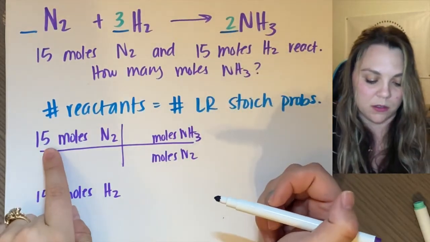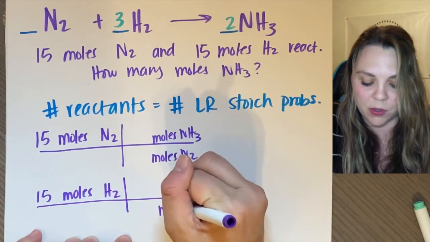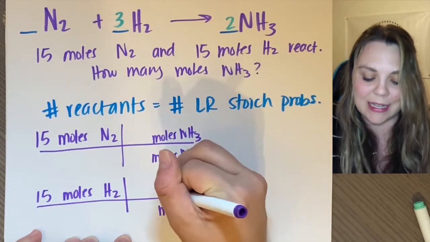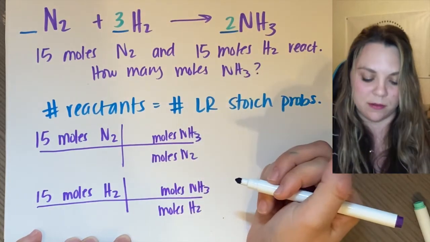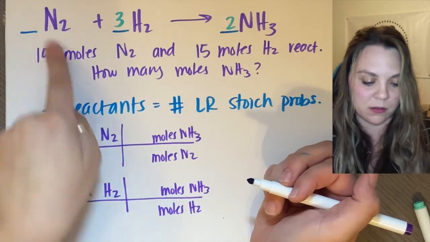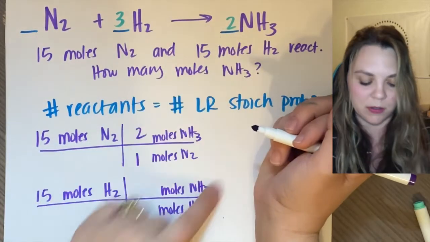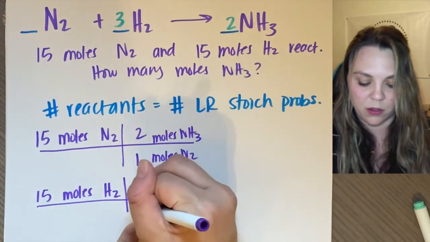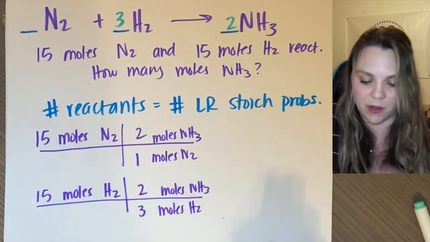And I would do the same thing for H2. Get out of moles of H2, get into moles of NH3. And I just use my balanced coefficients. So N2 gets 1 mole of N2 for every 2 moles of NH3, 3 moles of H2 for every 2 moles of NH3, okay?